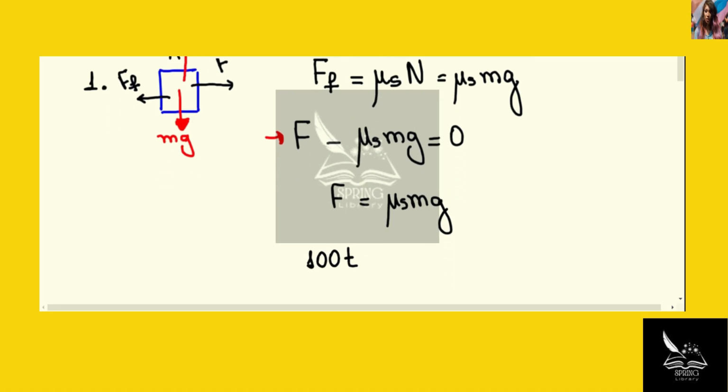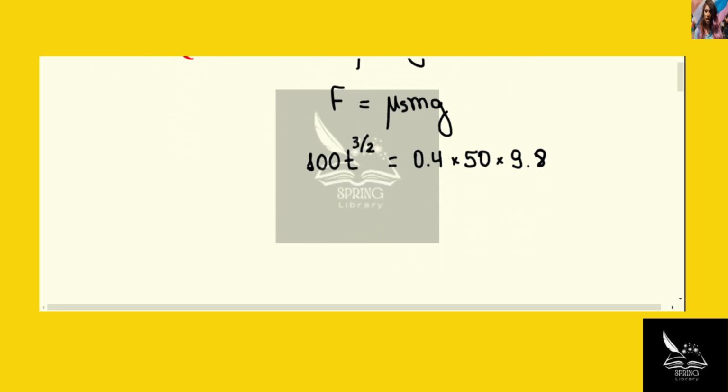So we have 100 times t to the 3 halves is equal to mu s, which is 0.4, times the mass times 9.8.